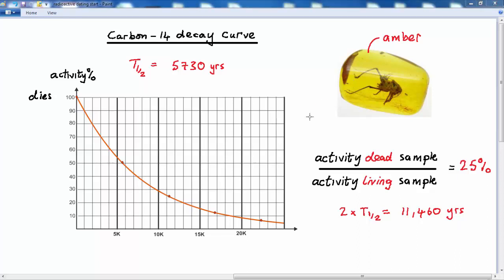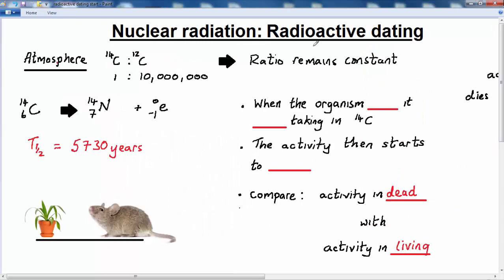And the other thing, as I said before, the process of radioactive dating using carbon-14 depends on the fact that the ratio of carbon-14 to carbon-12, this 1 to 10 million, has remained constant during that period of time over which radioactive carbon dating is effective. We must assume that it should have remained constant at least over the last 50,000 years. Beyond that period of time, the method really ceases to be an effective dating method.